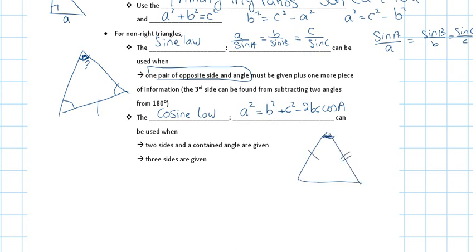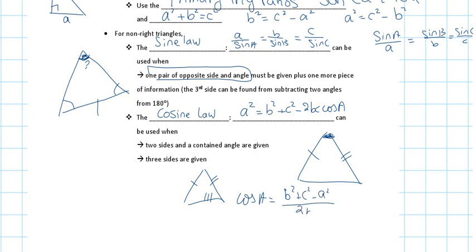And if you have all three sides, then you can solve it using cos A equals b squared plus c squared minus a squared over 2bc.